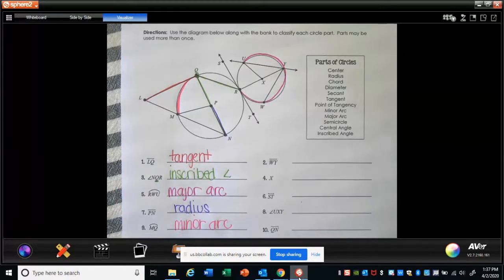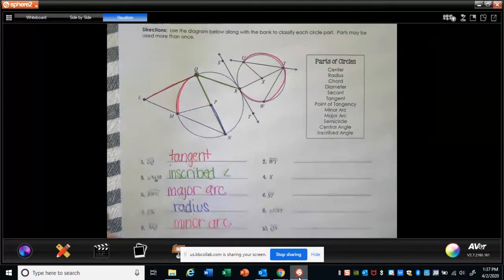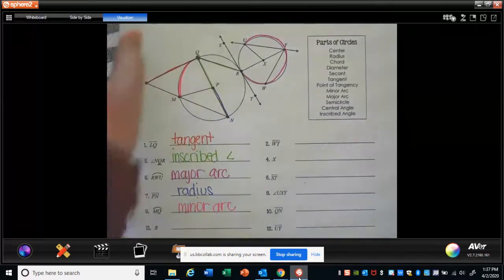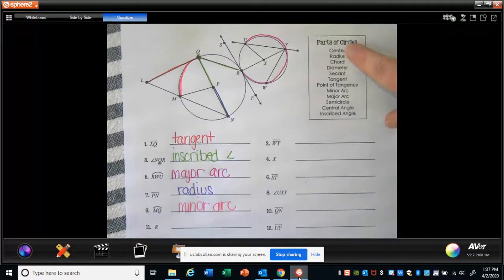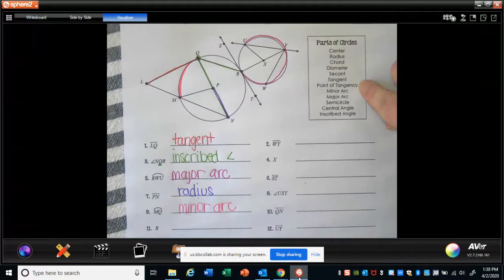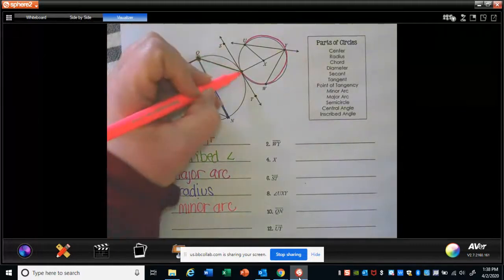All right, moving along, we're going to look at point R, which is the next one. Now, we only have 2 points in our box to choose from. So we've got either a center is a point or the point of tangency. Okay, so let's look at this. Point R is located here.